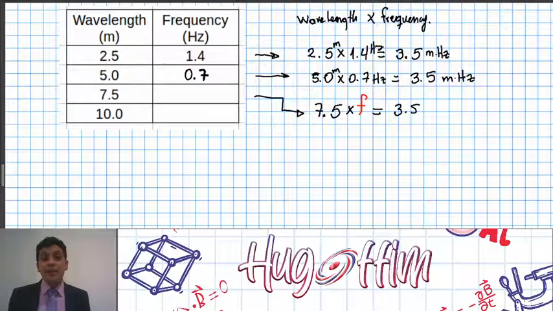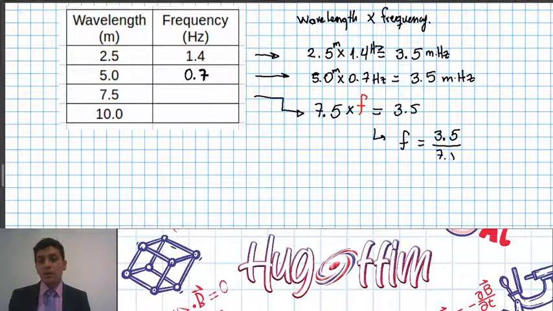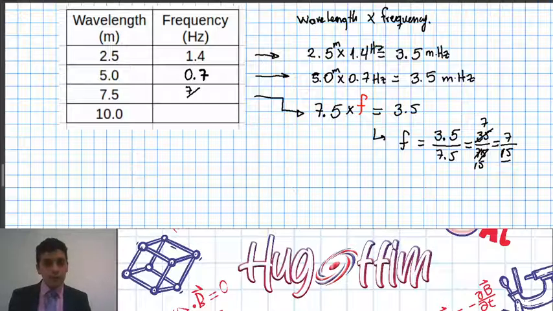And here, you can say that the frequency is going to be our number over 7.5. Okay, I'm not going to use a calculator. I'm going to do it quickly here. 35 over 75. I can take the fifth part, that would be 7. And the fifth part of 75 would be 15. So 7 over 15, okay, so I'm going to put here 7 over 15.